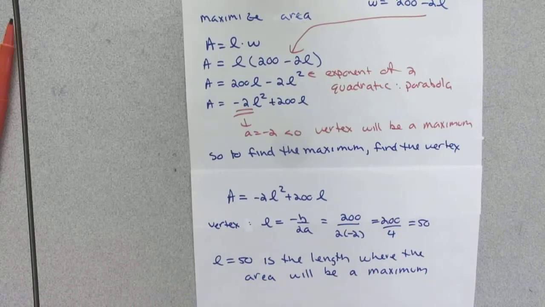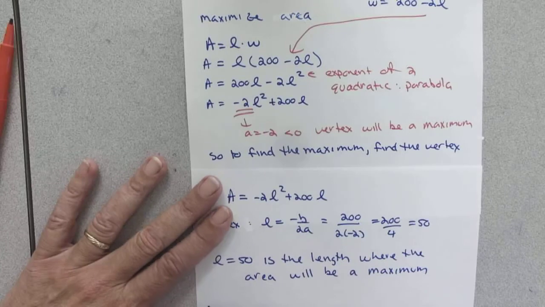And so when I went to find this vertex, and it has an L in there, that coordinate of the vertex where I used an L, and again, if you don't like L's, call it X, it doesn't matter. That L is where the vertex will be a maximum. So L is the length where the area will be a maximum.